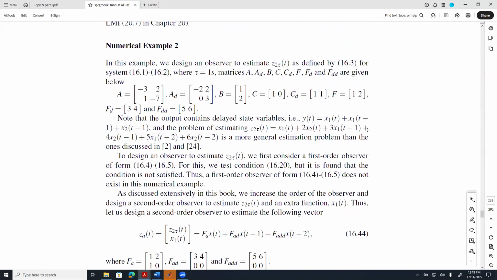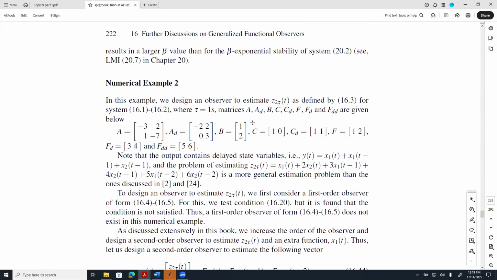When matrix C is zero, the output measurement vector does not have any instantaneous stack variables in there. So let's have a look at the system description itself.